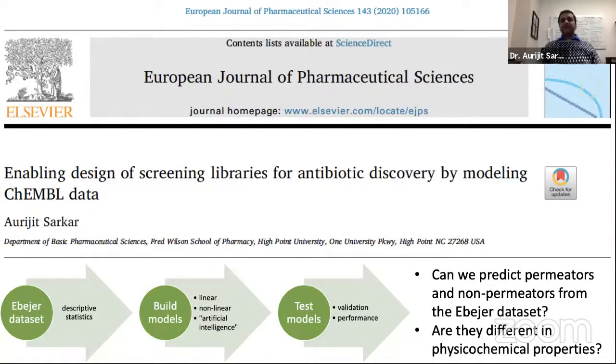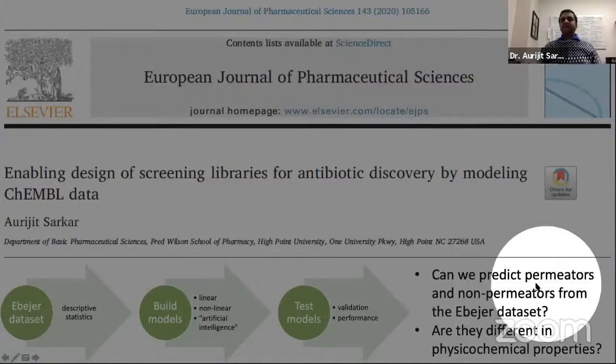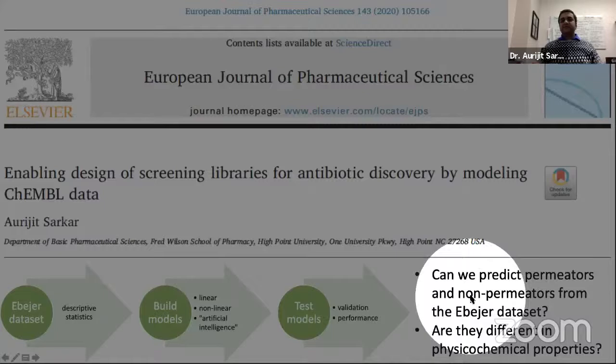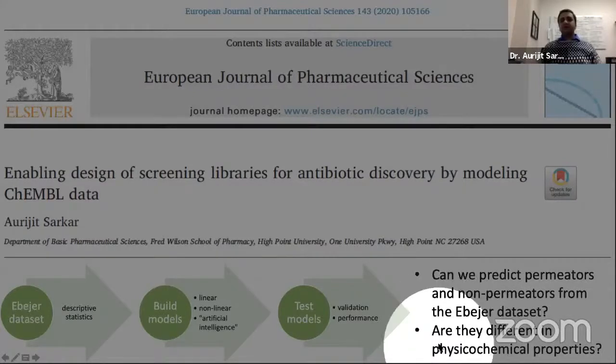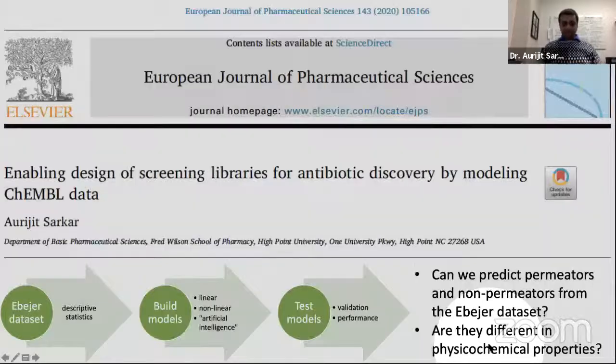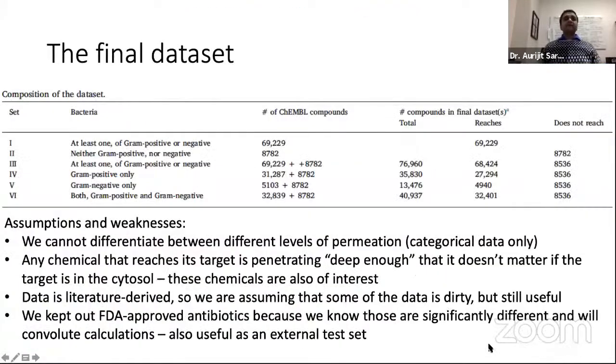Again, the questions I'm trying to answer in this paper are, can we predict permeators or penetrators separate from non-penetrators using the methods or the data set which was devised by Hewcbds? And what are the differences in physicochemical properties? So I went ahead, there was a newer version of Hewcbds with a lot more data available. So I recreated their processes and came up with this data set.